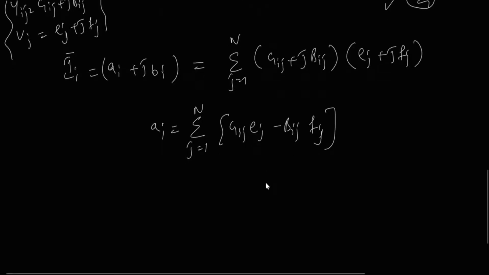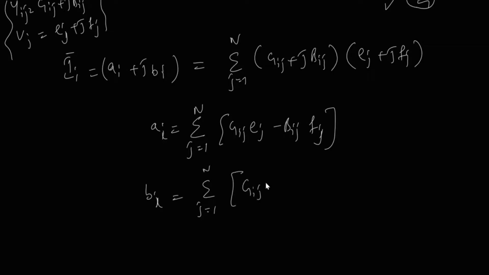And Bi equals summation j equals 1 to n of Gij Fj plus Bij Ej, right? So these two equations I will be using in deriving the Jacobian elements.